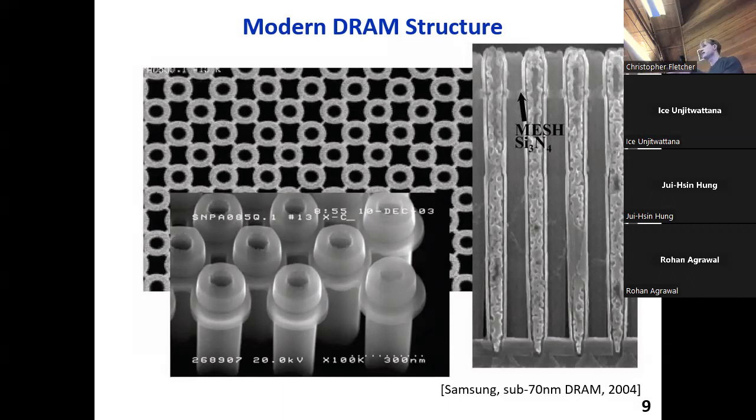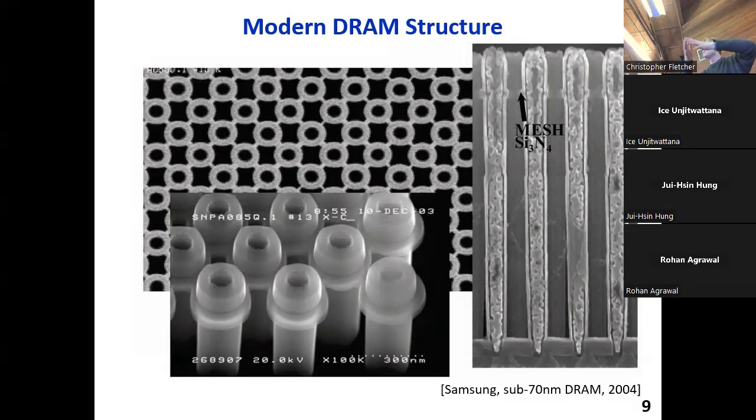So instead of having these cuboid shapes, if you can utilize the third dimension, you can stretch the plates out and thin them out and pack more in a given two-dimensional surface area if you view the chip top down. And so that's the reason for building them like this. This turns out to be really hard to build. So this material in between the long, thin capacitors, I'm not sure if it is coming out on the slide, but it says mesh Si3N4, that's silicon nitride.